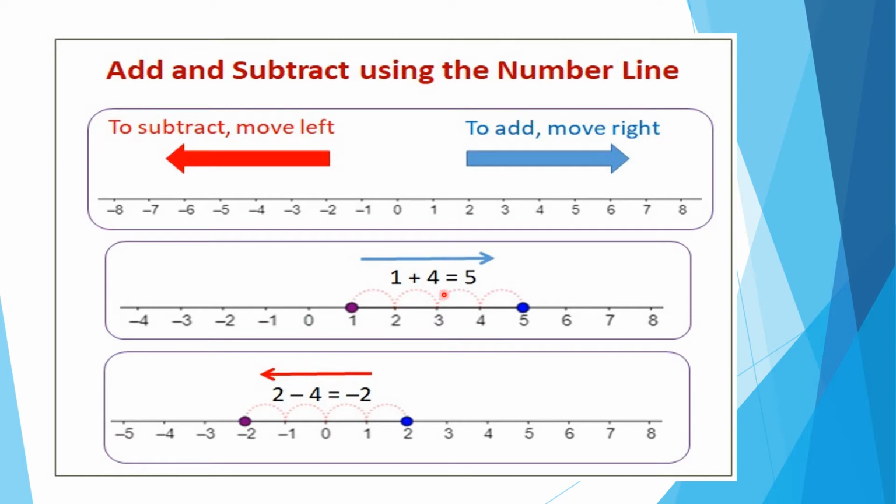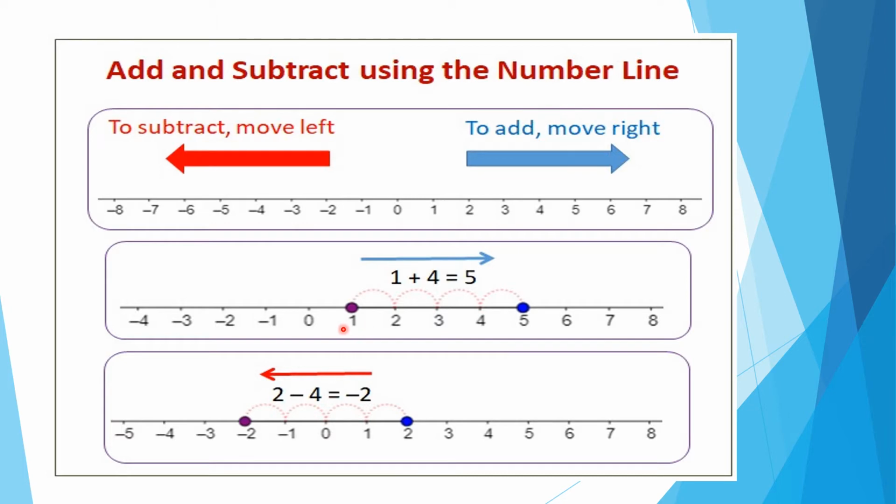Now 1 plus 4. You move to 1, and from 1 you move 4 steps to the right side. So 1, 2, 3, 4. So you reach 5. So 1 plus 4 is equal to 5. We know that very well, but how to represent it on a number line?